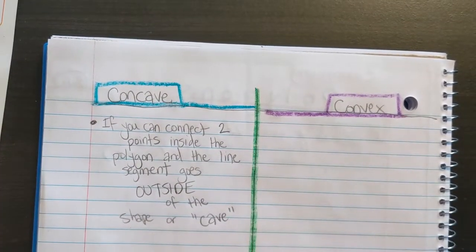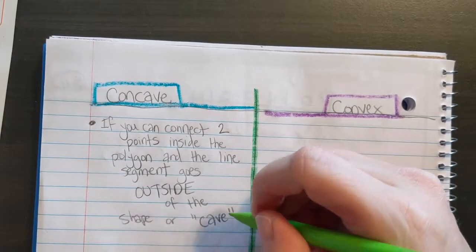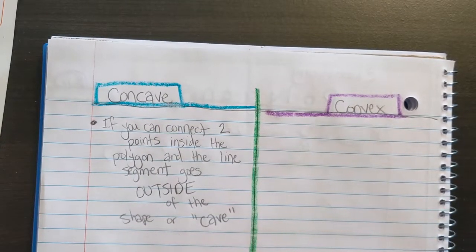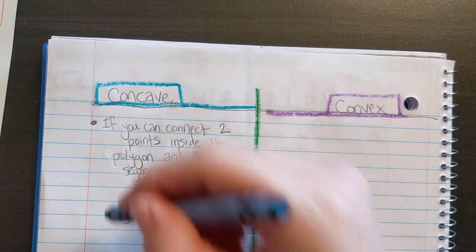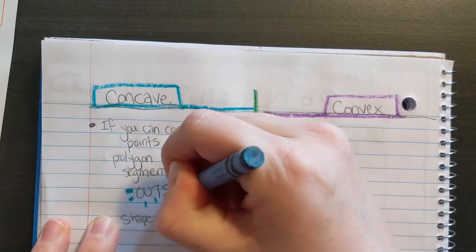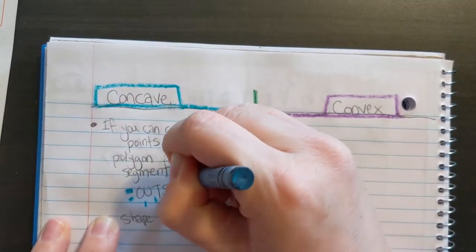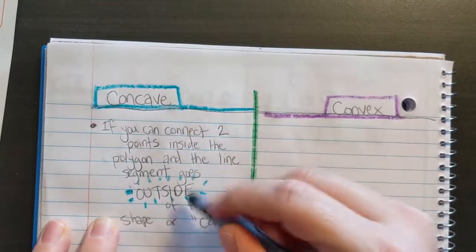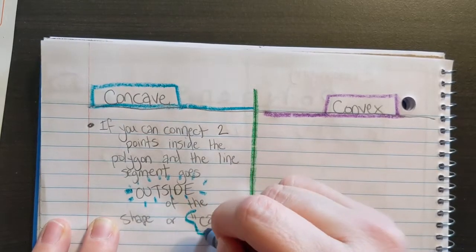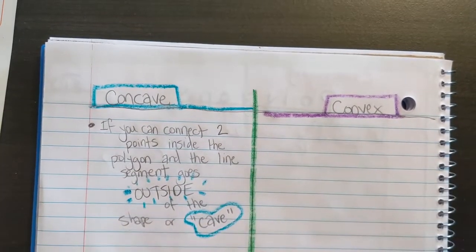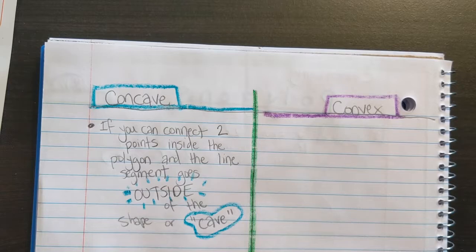If it goes outside of the shape or cave, then it is concave. Okay, so it has to go outside. You can make that like a blue sun. And then we're just going to remember cave. That's how we're going to remember that it's concave, if it goes outside of the cave.